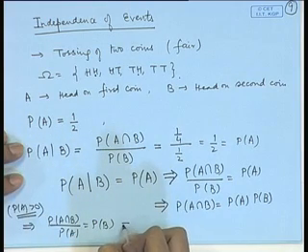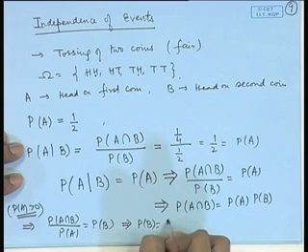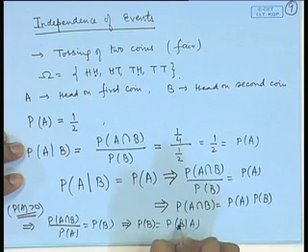So this will again imply that probability of B is equal to probability of B given A. That means B is independent of happening of A.